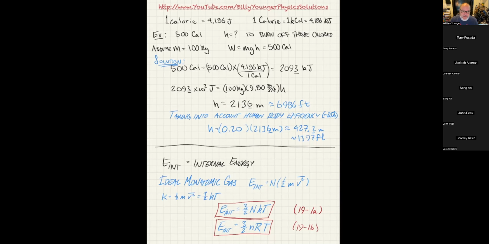And specific heat is, in case you are not aware yet, which you probably are, because I think everybody said they've had at least some chemistry before, a substance's reluctance to change temperature, okay?